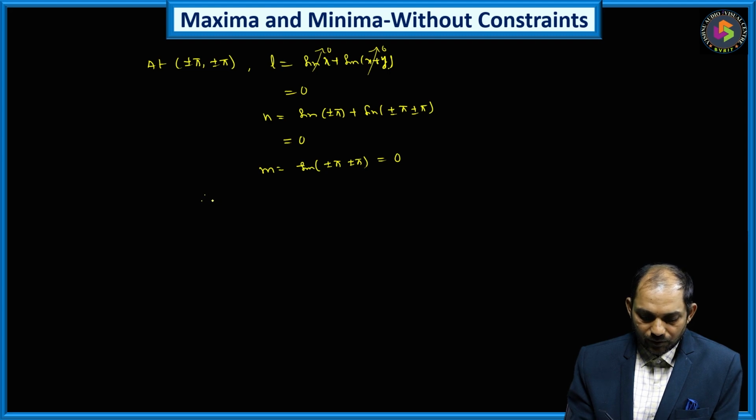So therefore, we are going to have the sign of ln minus m square as 0 into 0 minus 0 square, which is equal to 0.